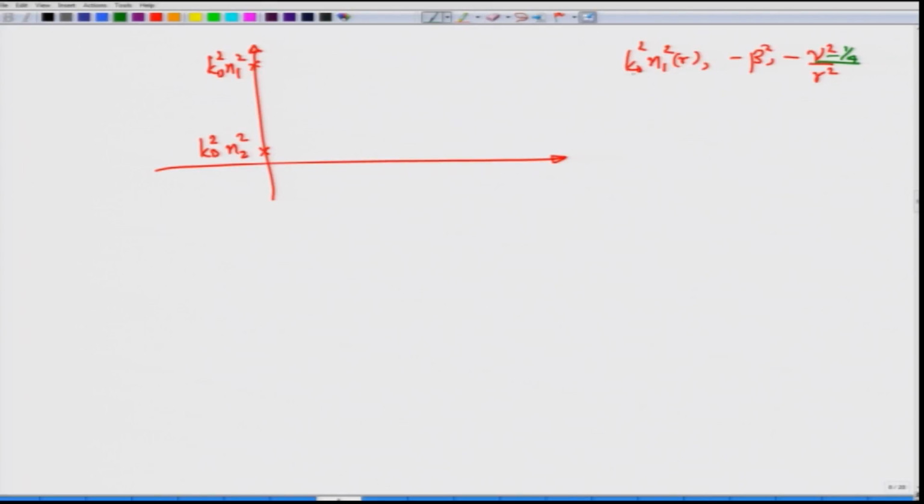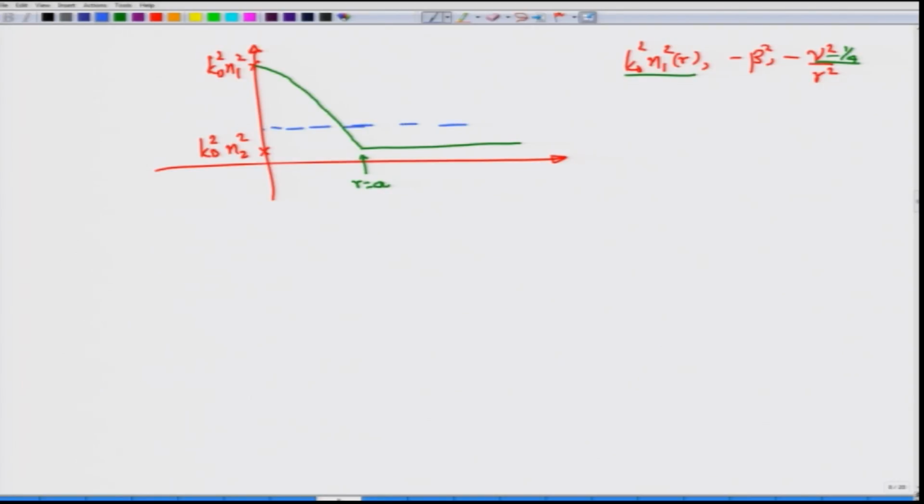So, k 0 square n 1 square would start off with a max value at r equal to 0, and then gradually change and become a constant value when you reach the cladding, and the point where this happens is where the core cladding boundary is situated, where r is equal to a. Whereas, when you look at the other solutions, beta would of course be a constant.